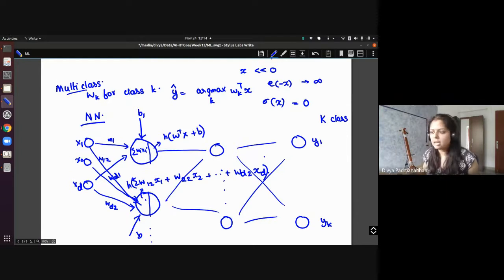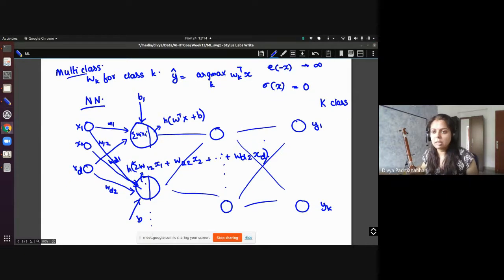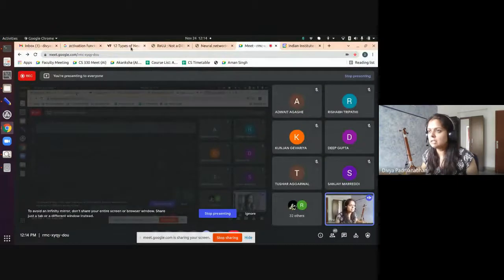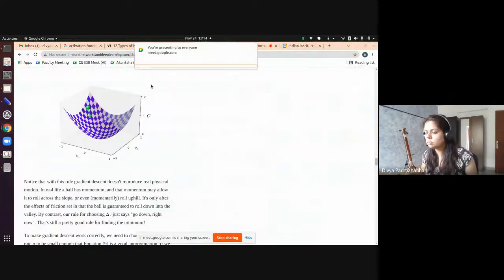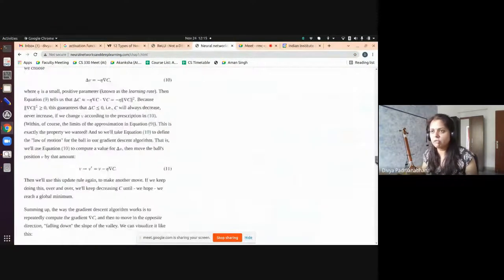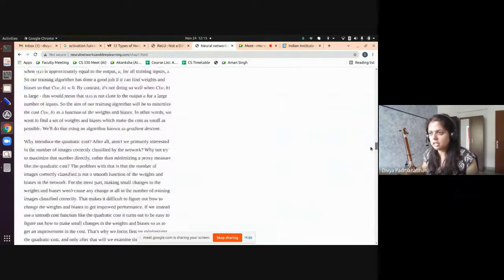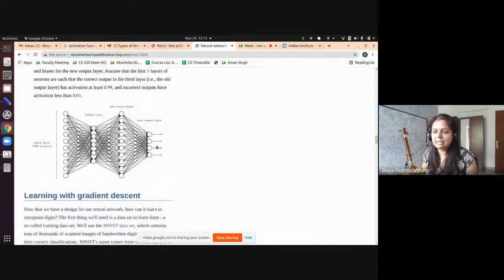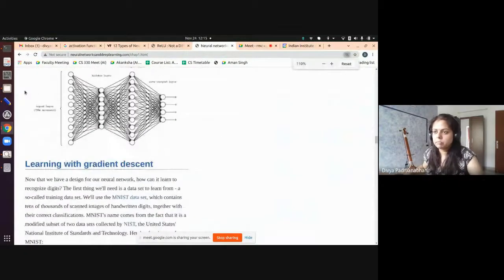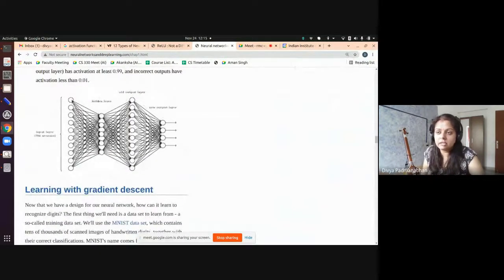Maybe my drawing may not be the best, so let me see if I can show you something. This is actually a famous book on neural networks and deep learning. I'll share the link with you. So you have a layer. This is your input features, the first part, and then you can have another set of intermediate perceptrons in some sense.